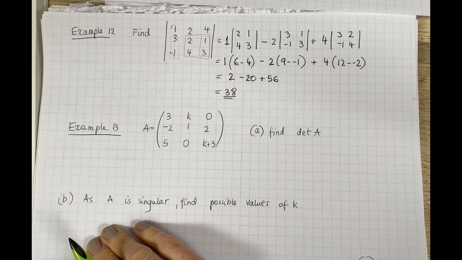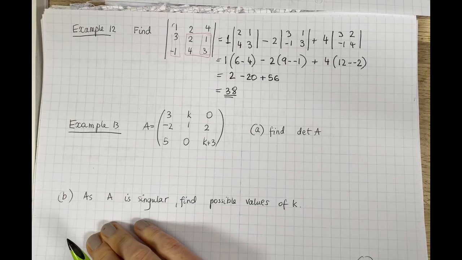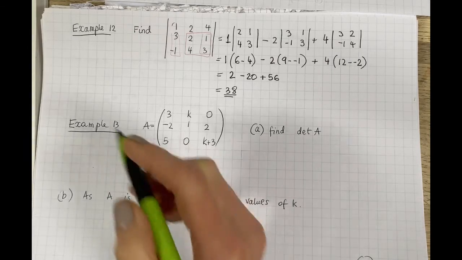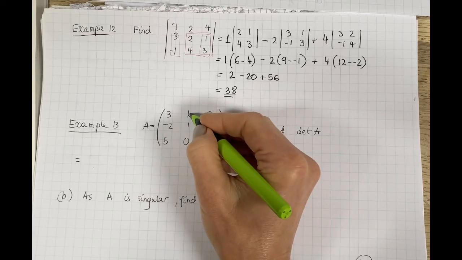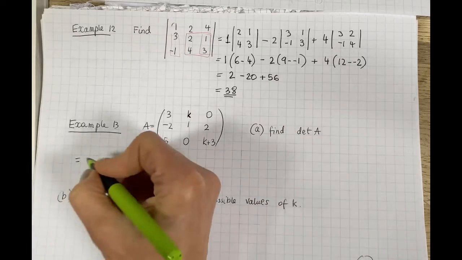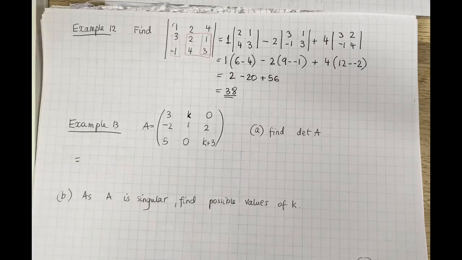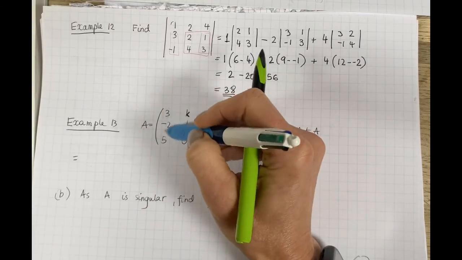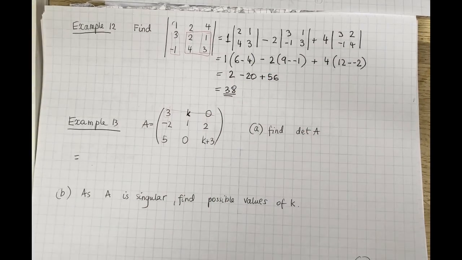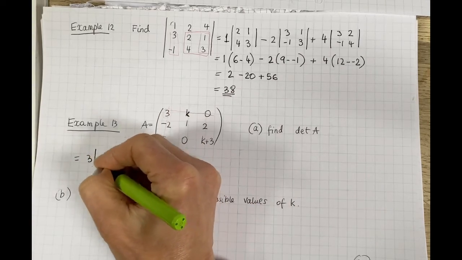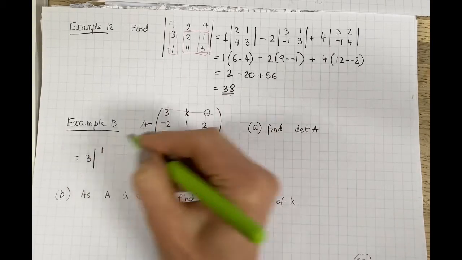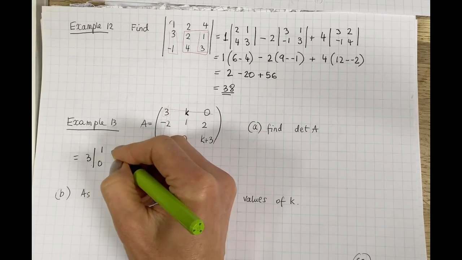Okay, example 13, you are told to find the det of matrix A. Now here we've got some entries that contain the letter K, so you need to be extra careful. So 3, remember this one, you delete these 2, so the row and the column, and you're going to multiply it by the det of whatever is left.